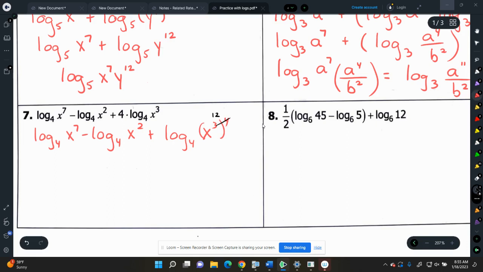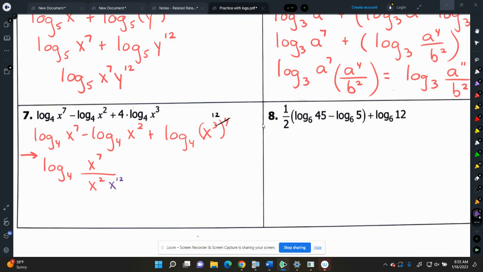Okay, now we're going to move left to right. So be careful. I'm only subtracting log base 4 of x to the second. So I'm going to do log base 4 of x to the 7 divided by x to the second. Now, if you had included the x to the 12 down here, the reason I know that's wrong is because that would be if this was in brackets.